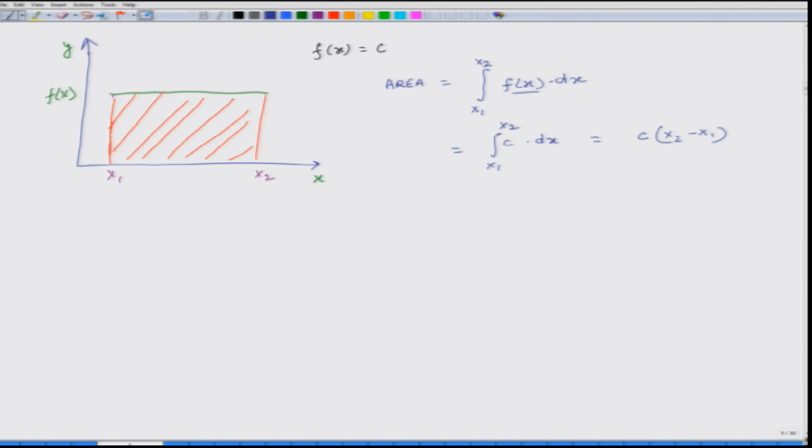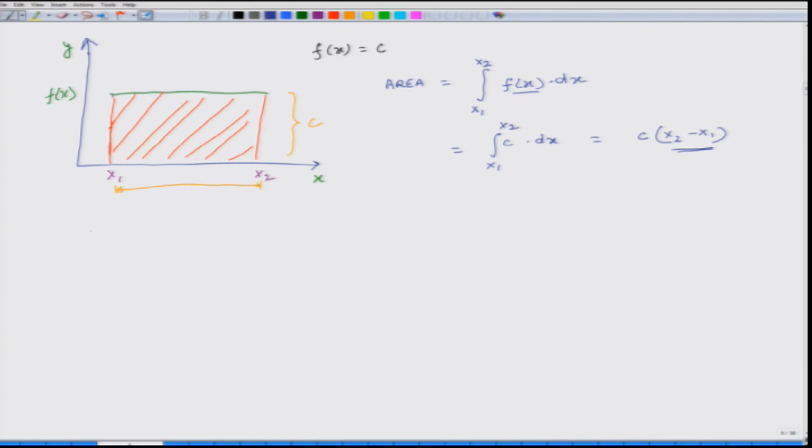This x 2 minus x 1 is the width of this rectangle and c is the height of this rectangle. This is a very trivial example, but this is how I wanted to begin. What I have explained is that if you have a simple function, you can integrate it in a closed form way and calculate this area. Your calculation will be accurate and the error will be 0. So, this is an exact solution when we are trying to calculate the area.